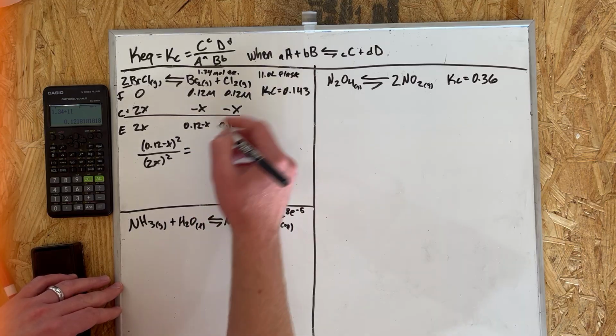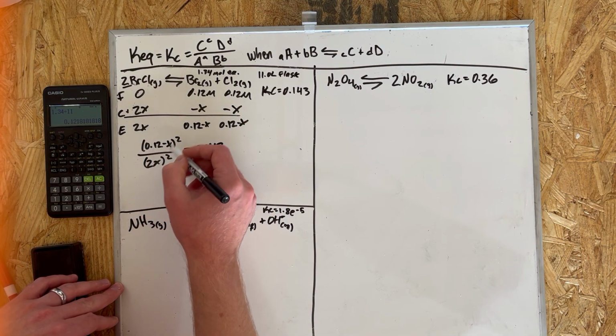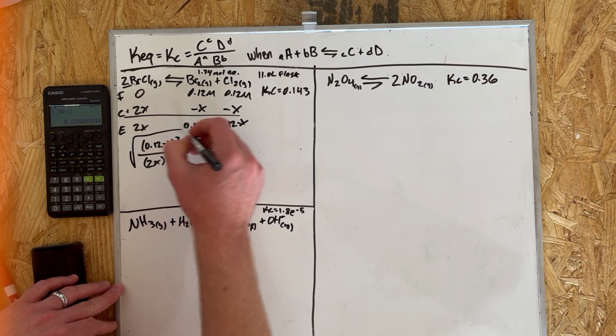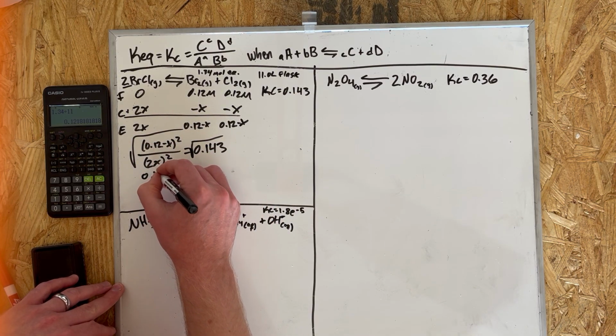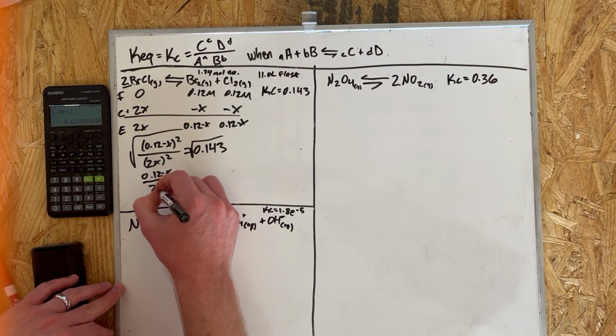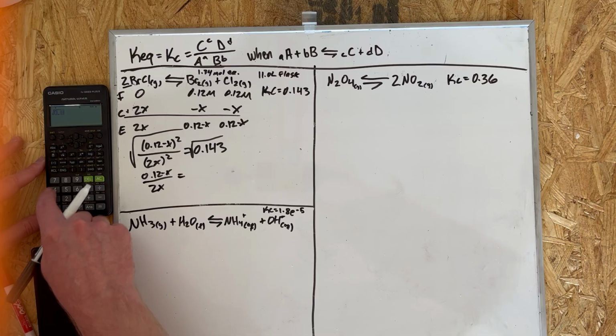And that all is going to be equal to our Kc, which is 0.143. Now, since both of these are squared, that makes things a lot easier for us. We can just square root both sides. So now we have 0.12 minus x divided by 2x equals the square root of 0.143.